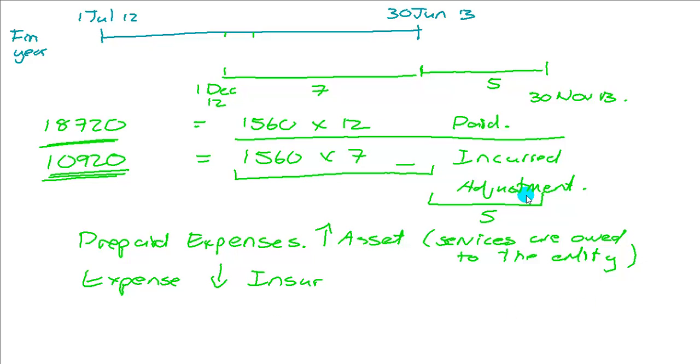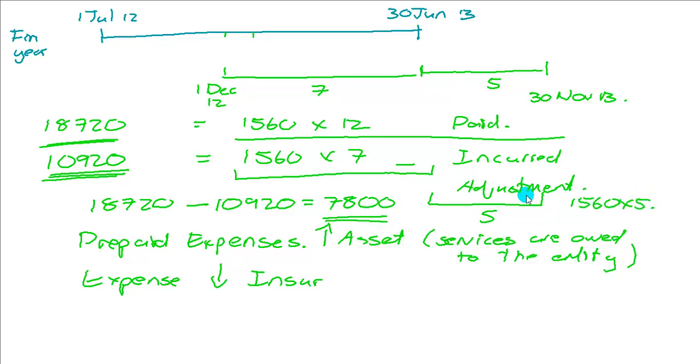So the adjustment that we have to pass is the 18,720 minus the 10,920, which is equal to 7,800. Alternatively, you could have just said 1560 times 5, and you're going to get to the same amount of 7,800.